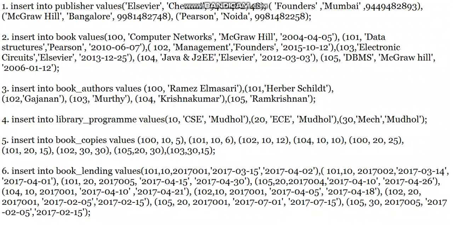Then the sixth one is insert into book lending, to whom we have given the book. The same book, 101, the book ID, from which program ID, that is 10, is given to this student on this date. This is something you need to check: when it is given is 15/3/2017, that is the date out, and the due date is like after 15 days.